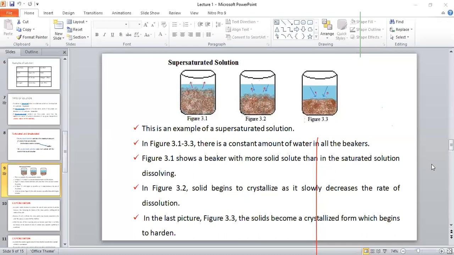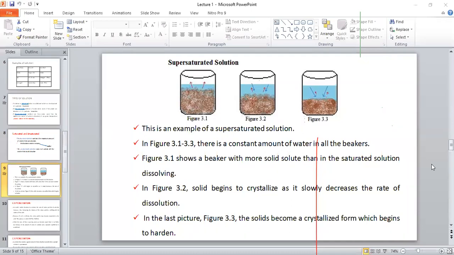At a stage, the solution becomes saturated. So if you now continue adding more solid, the more you add, the slower the dissolution of the solid. So that is the second one.